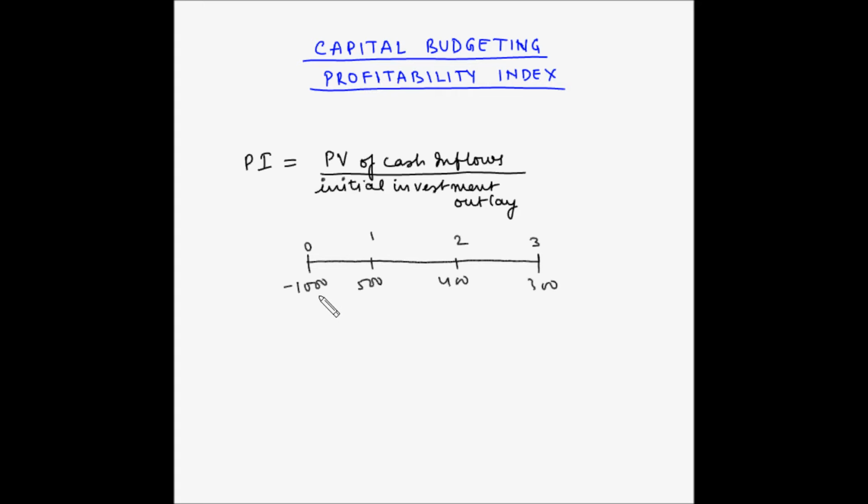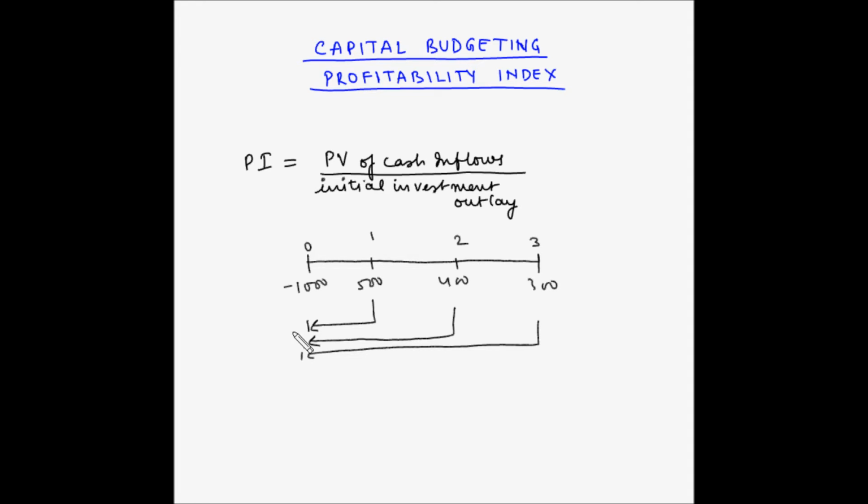Consider this project where there is a cash outlay or initial investment outlay of 1000 rupees and then cash inflows for the next 3 years. So basically what we are doing here is that we are taking the present value of these cash inflows.